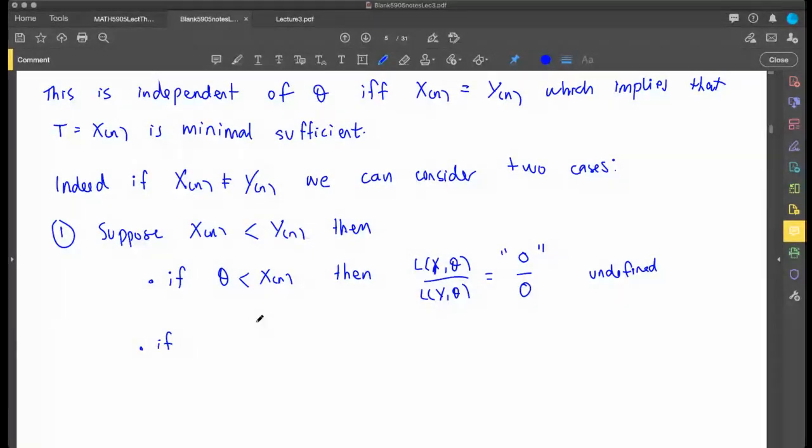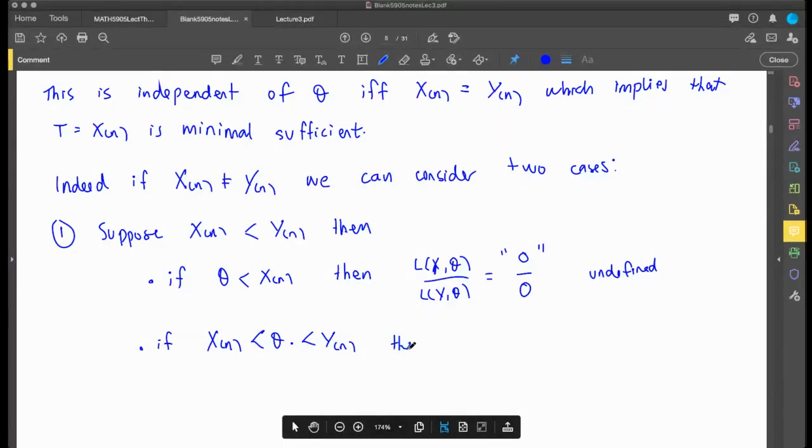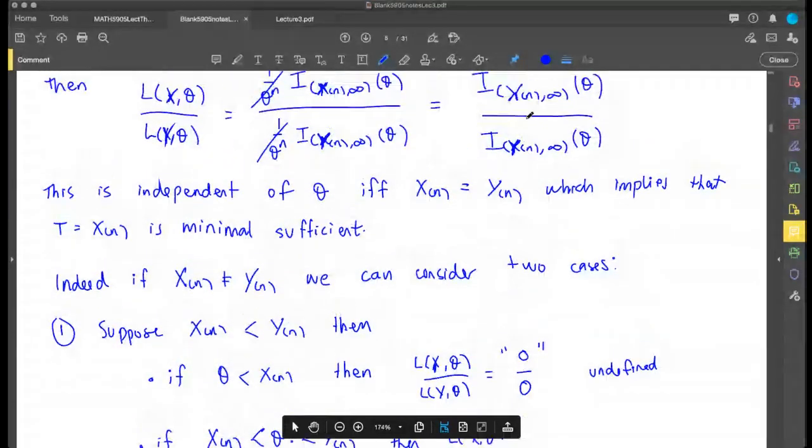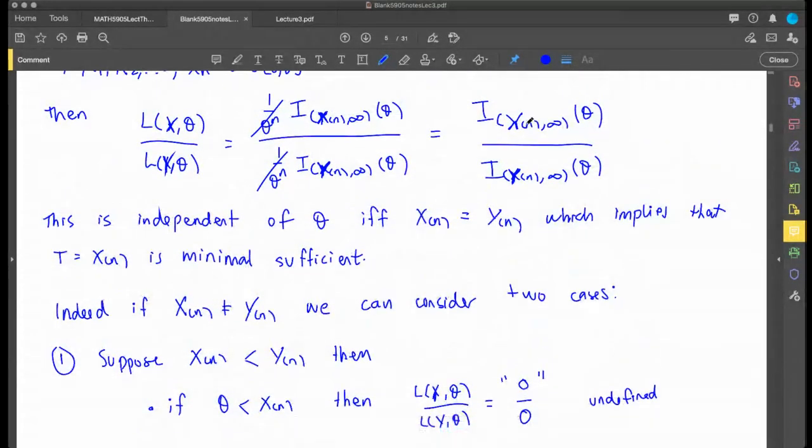Now let's keep shifting theta along. So now let's move it, say, bigger than xn, but smaller than the maximum of my y observations. Then this ratio, Lx theta over Ly theta, what happens? Well, now it triggers the top indicator.